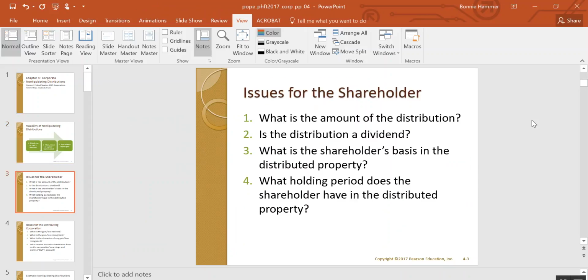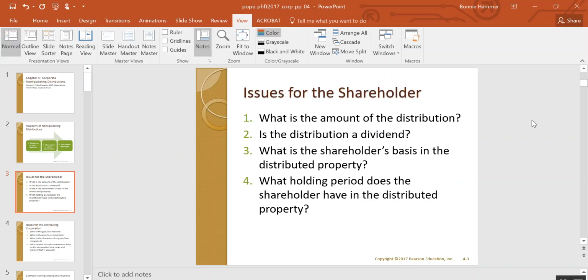We have issues that we need to resolve for the shareholder upon distribution. We need to know the amount of the distribution and why, because we just discussed how you're going to treat a distribution. We need to know whether the distribution's a dividend, because if it's a dividend, then it's taxable to the shareholder. We need to know what the shareholder's basis is in the property that he receives from the corporation, and we need to know what his holding period is going to be.